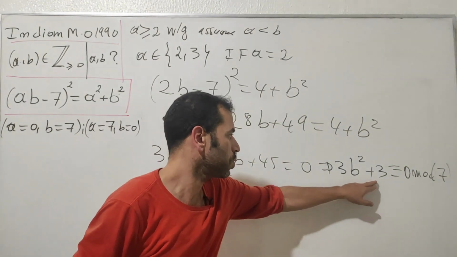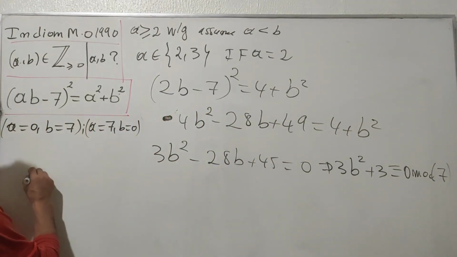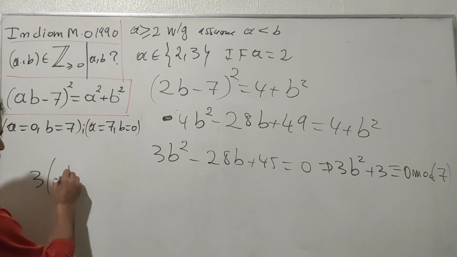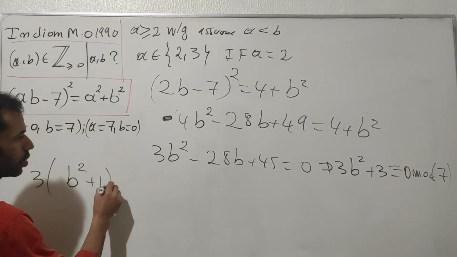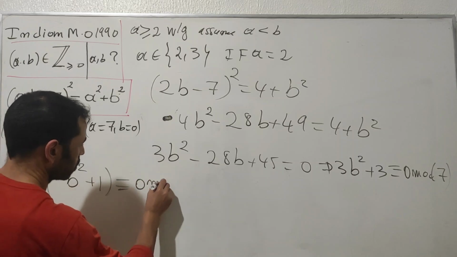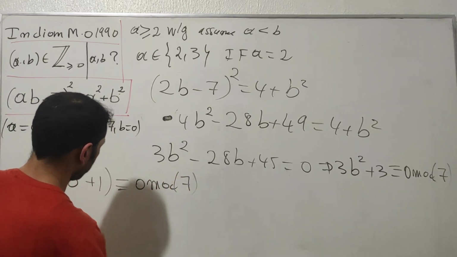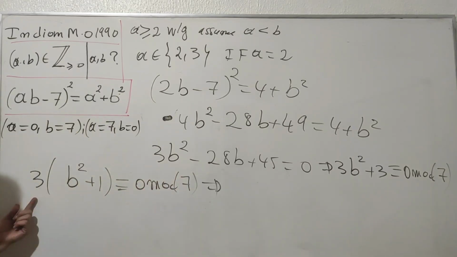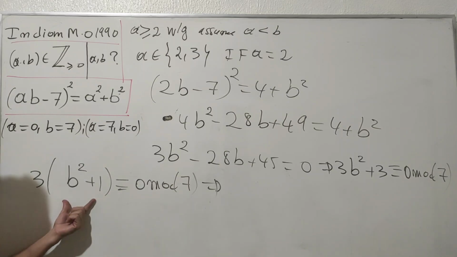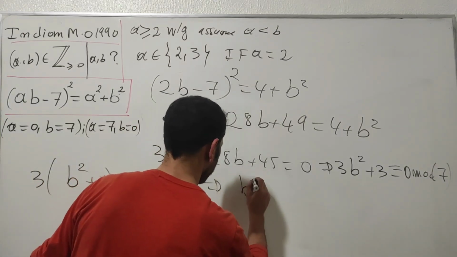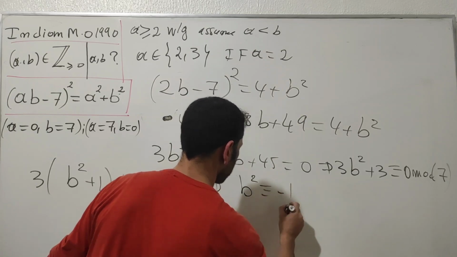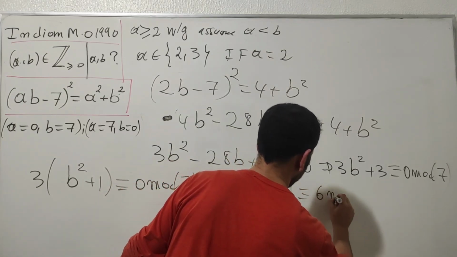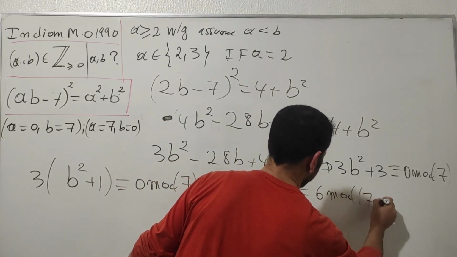So I'm going to take number 3 as a common factor here. So I get 3 times (b squared plus 1) is congruent to 0 mod 7. We know 7 does not divide 3, which means 7 divides this one. In other words, b squared is congruent to minus 1, which is congruent to 6 mod 7.